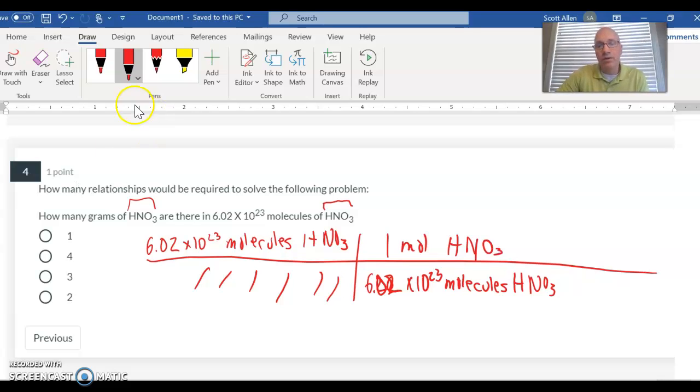The only difference is if this was an ionic compound, you'd say 6.02 times 10 to the 23rd formula units. If it was a single atom type thing, something like a metal like palladium, it would say atoms. But the same thing would apply here. Cancel these units out, and you can see that the same thing is on top as is on bottom, and this would be one relationship needed.